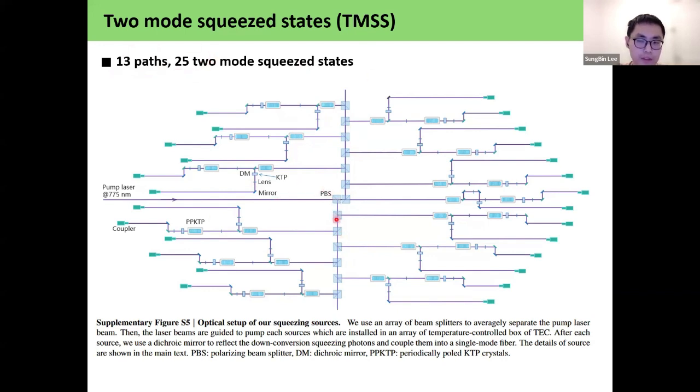So you split them in the polarized beam splitter, you go through the PPKTP, you go through the dichroic mirrors, then also to the KTP, and you can send it all to the couplers to couple it afterwards. So this is the experimental layout of generating TMSS.